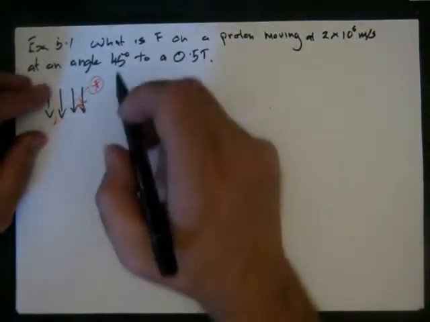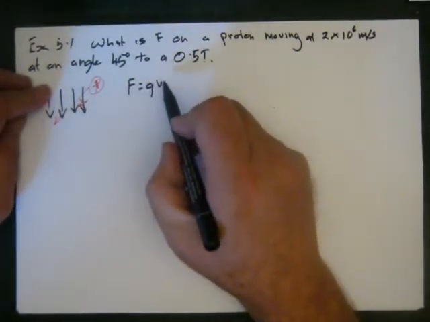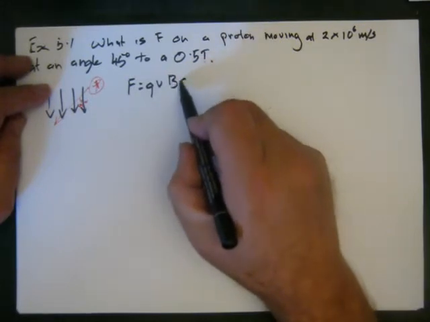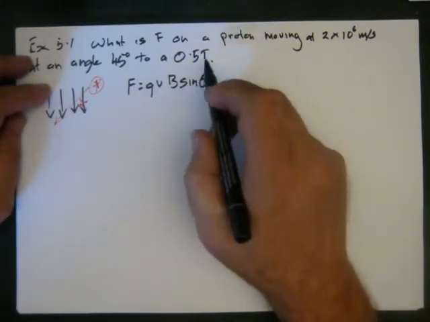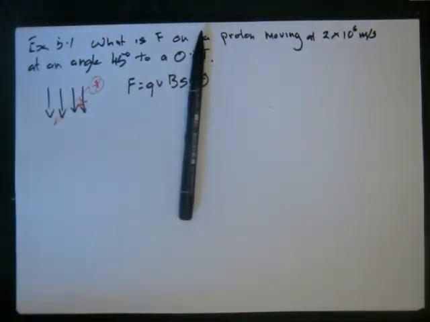Force is equal to QVB sine theta, and I'm going to have to go and check what the elementary charge is. It's like 1.609 times 10 to the negative 19, so high.